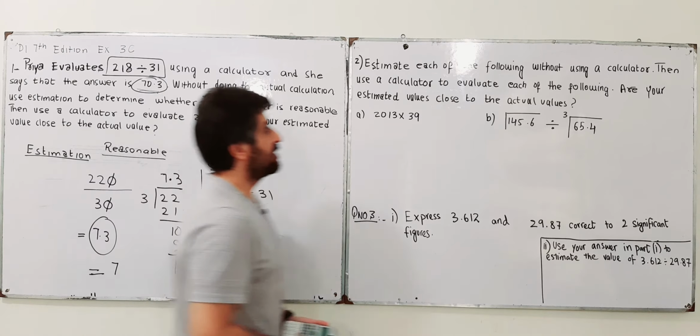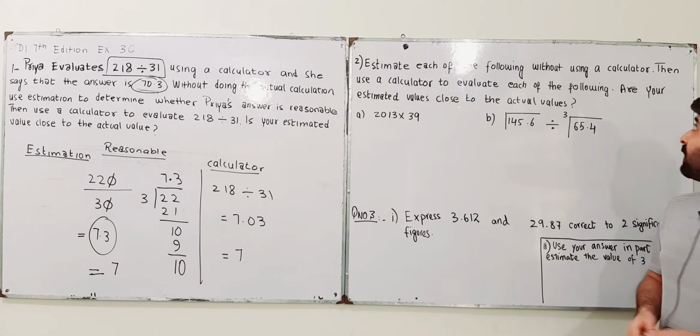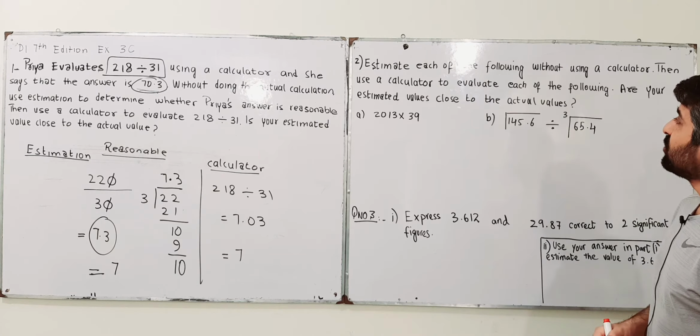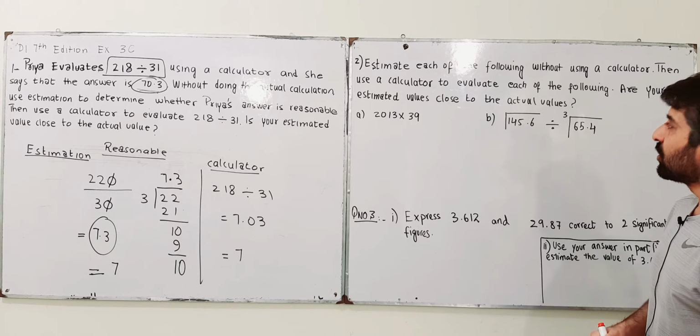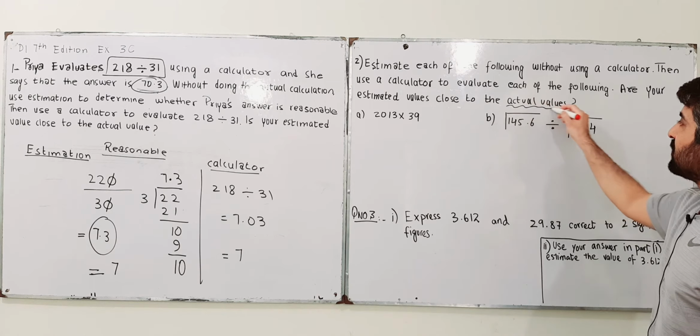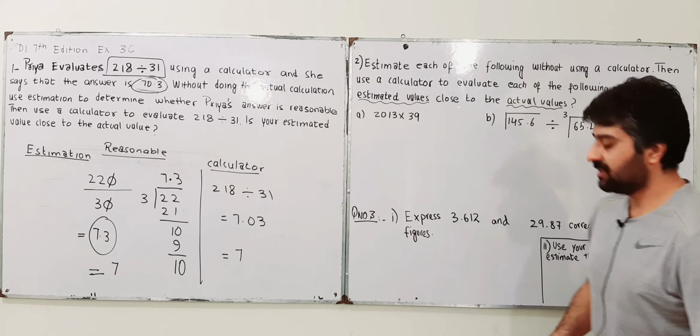Second: estimate each of the following without using a calculator. Then use a calculator to evaluate each of the following. Are your estimated values close to the actual? Actual means using a calculator, estimated means using estimation.